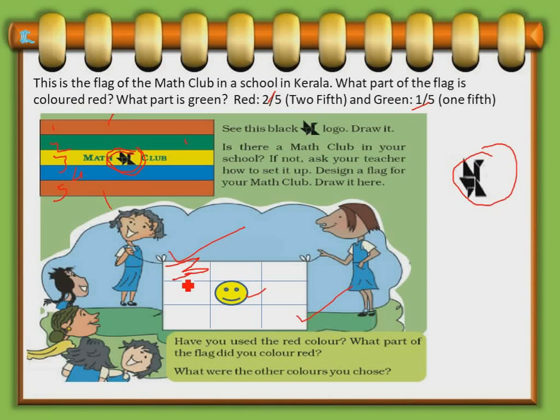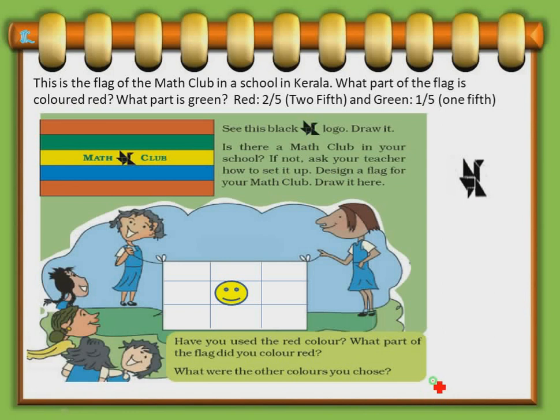They're asking, what part of the flag did you color red? For example, if I give this as red and this as red, then 2 parts are red, out of a total of 1, 2, 3, 4, 5, 6, 7, 8, 9 parts. Out of 9 parts. And they are asking what other colors you chose.